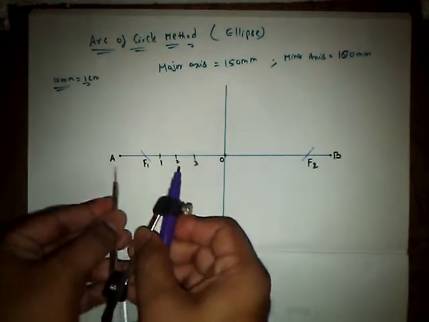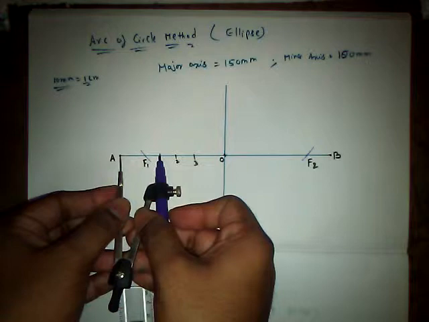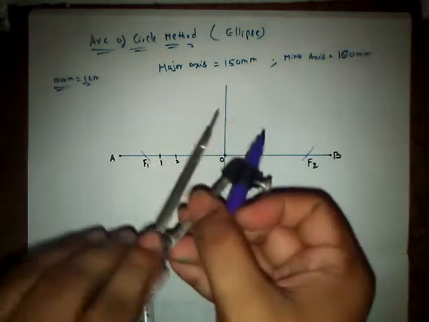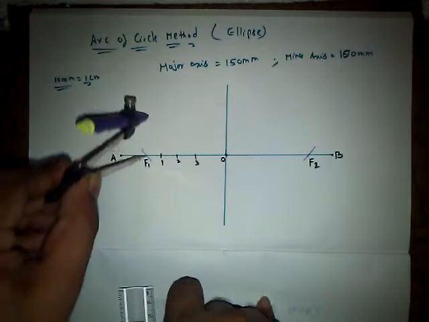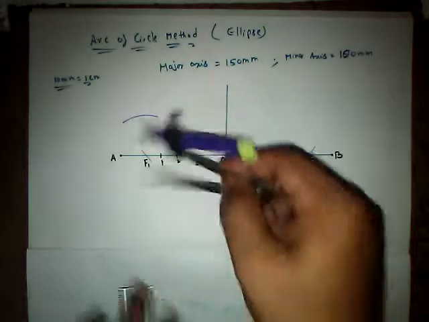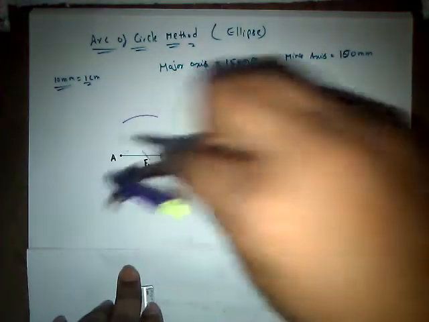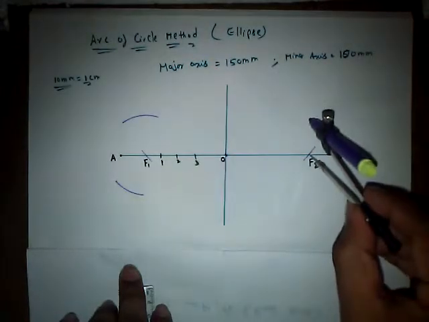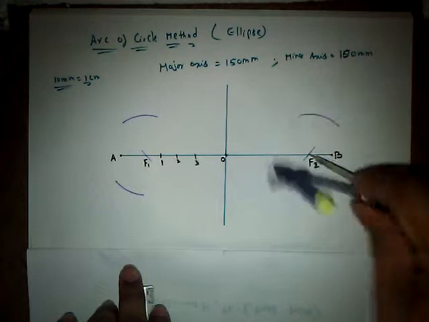The first part, take A to 1 as radius. Fix this radius, and with F1 as center, cut the arcs on the top as well as at the bottom. With the same radius, move here, keep it on F2 as center and cut the arcs.